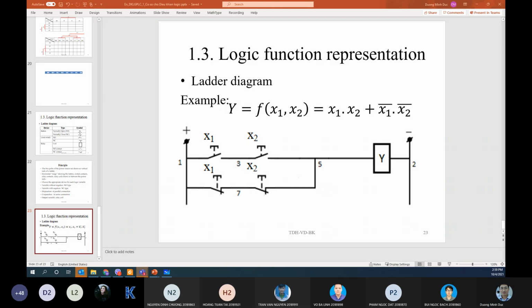Draw the ladder diagram for the function y equals m plus t multiply d negation.